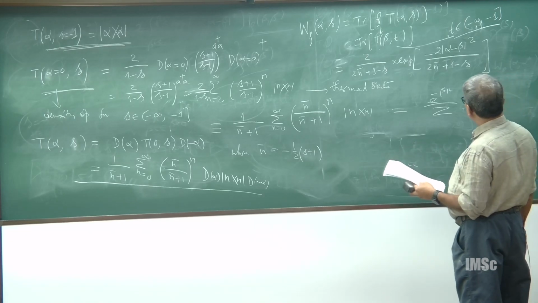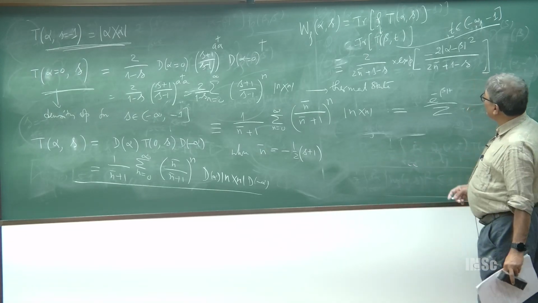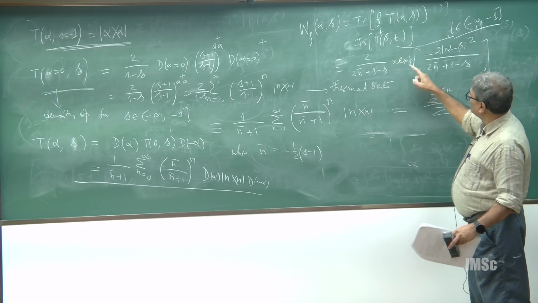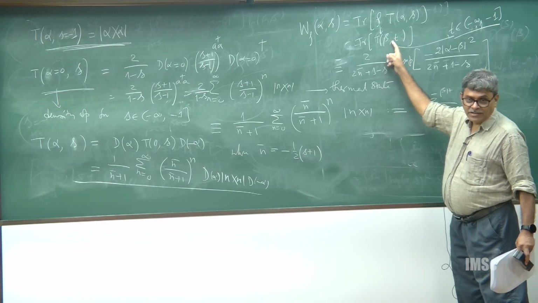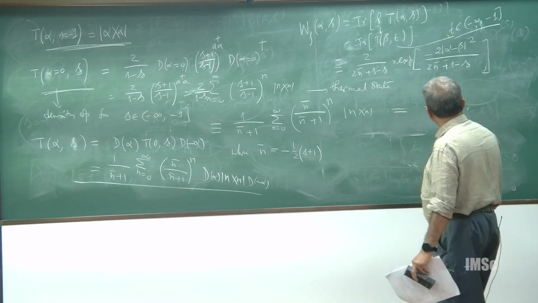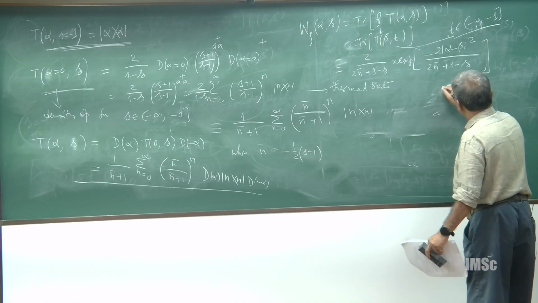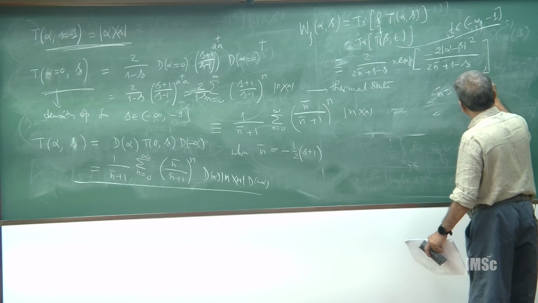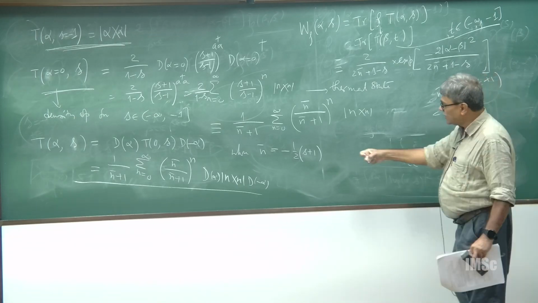Now, you may say that where is this t? There is no t, but you see that this n bar is minus half t plus 1, according to this.